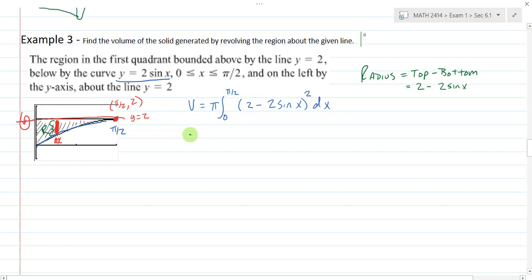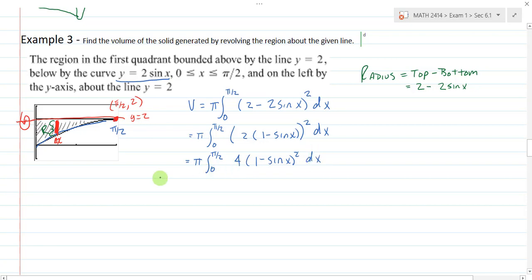Rewrite your integrand as pi times the integral from 0 to pi over 2 of, I can factor a 2 out of this, and that would give me 1 minus sine x, and then that whole thing is squared. Now I can distribute that power across to the 2 and the binomial expression. And when I do that, that's going to give me 4 times 1 minus sine x squared dx.